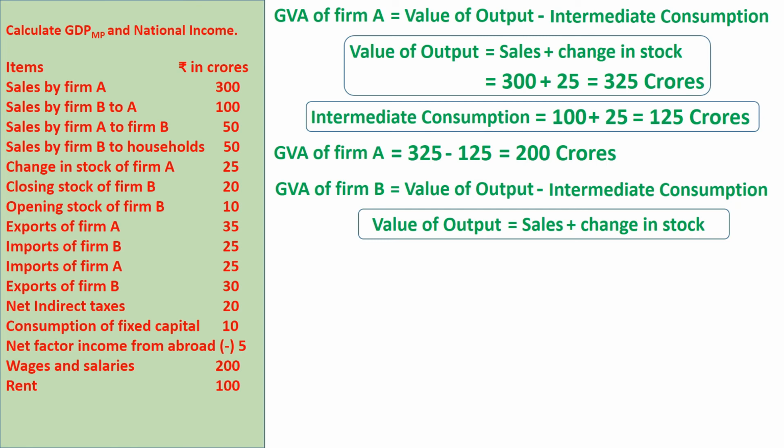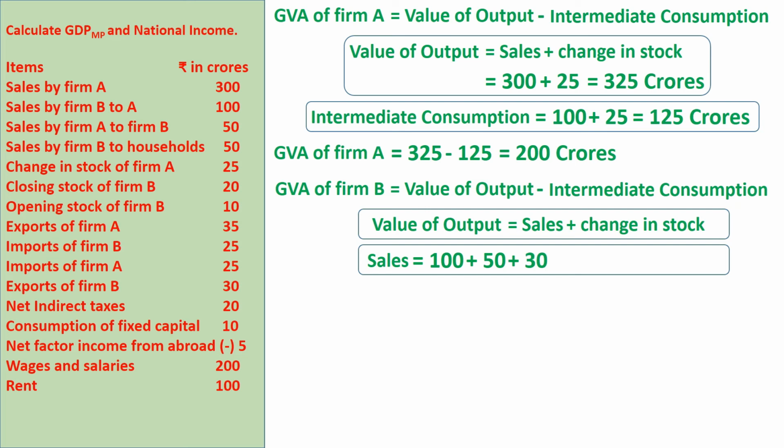Here sales by firm B to different sectors is part of total sales of firm B. Sales is equal to sales by firm B to A, that is 100 crores, plus sales by firm B to households, that is 50 crores, plus exports of firm B, that is 30 crores, equal to 180 crores.